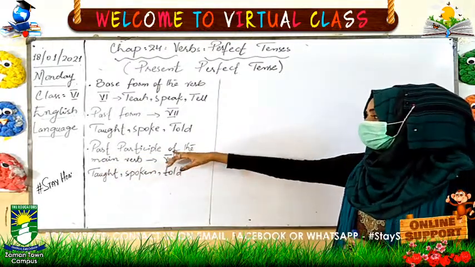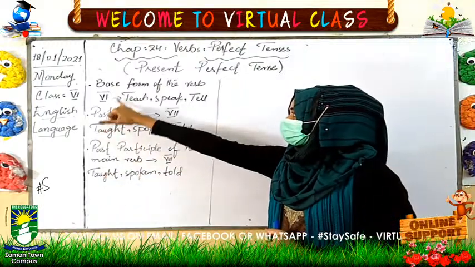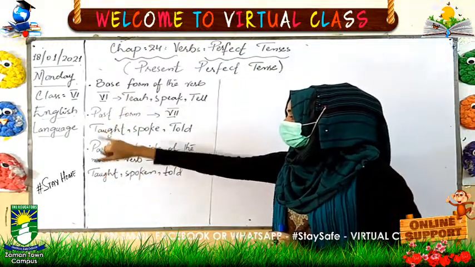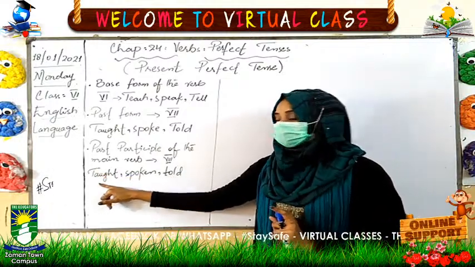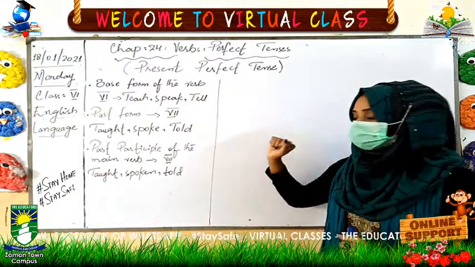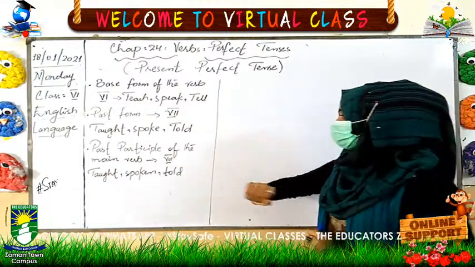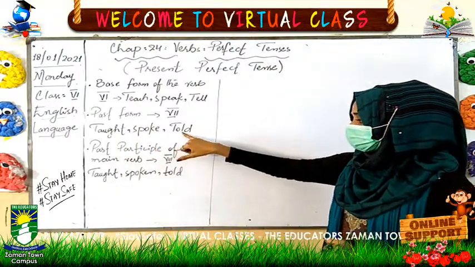This is the most important for today's topic. First form teach, second taught, third is taught. We are having many verbs that have the same second and third form. Spoke, spoken, told, told.